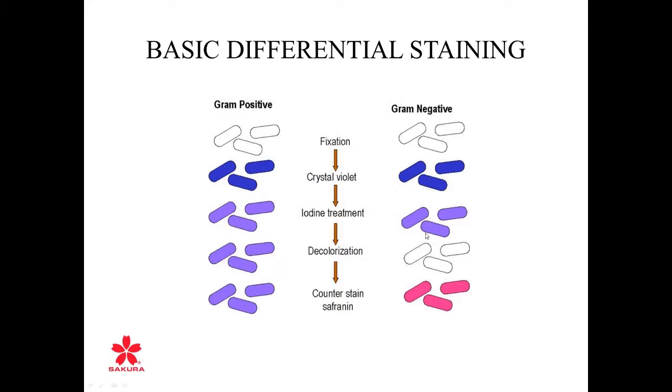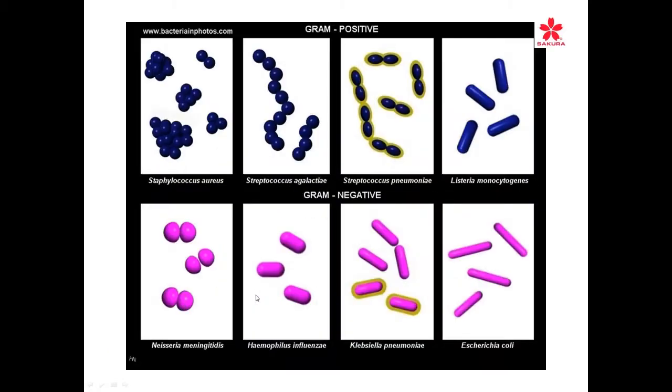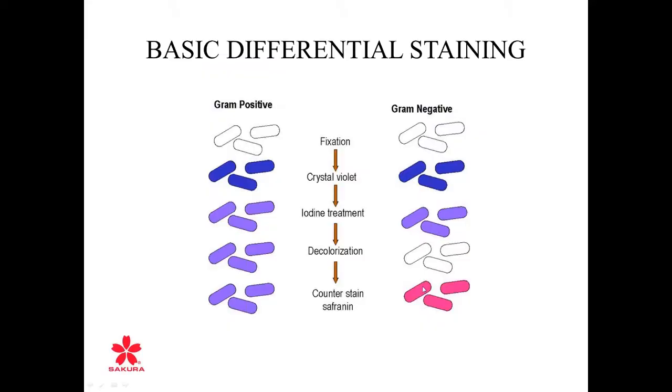The gram-negative, having a thinner cell wall, can easily be decolorized by whatever acid solution that you're using, so it'll strip out that crystal violet. Then the final step is a counterstain of safranin. Now, because of the dye lake that's been formed with the crystal violet, the safranin will not stain over the crystal violet. Because this has been bleached out, the gram-negative organisms are readily available to take up the safranin and stain that. So thus you have your differentiation between gram-positive and gram-negative organisms.